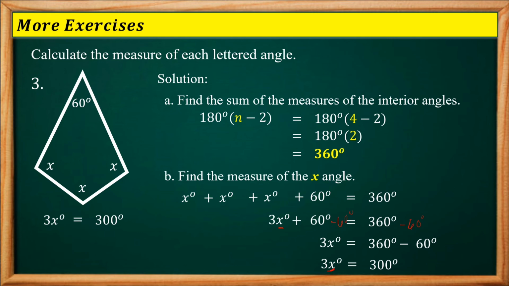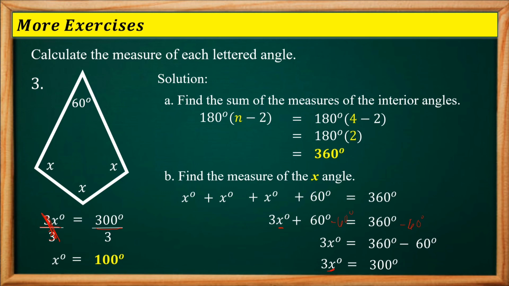Then, let's do the division property of equality. Ibig sabihin, we need to divide both sides according to ano yung katabi ni variable na x. Okay? Divide both sides by 3. Then, cancelled out. Ayan, ang matitira na lang ay si x. Then, 300 divided by 3, you'll have 100.